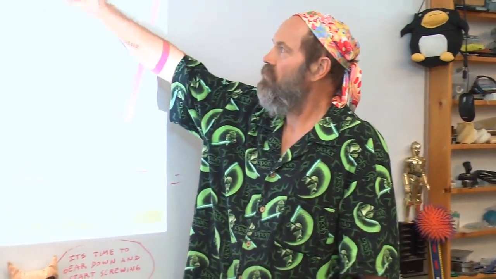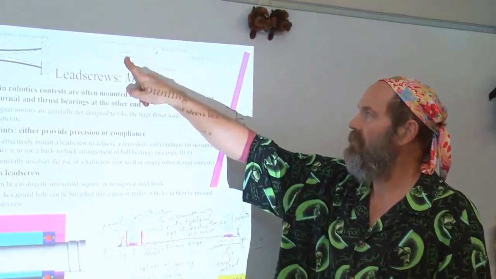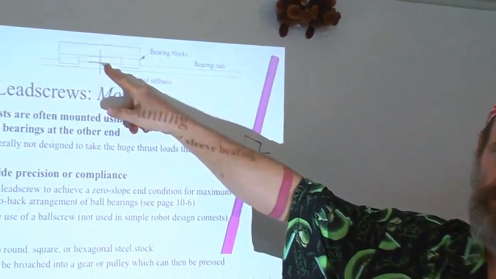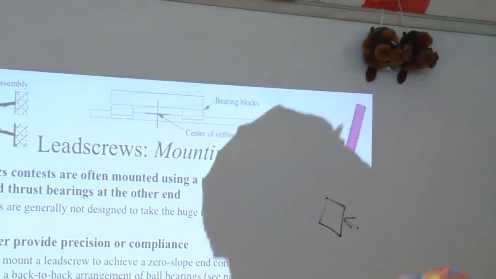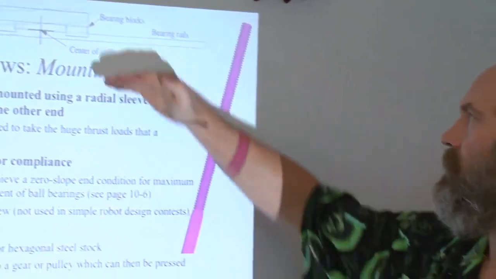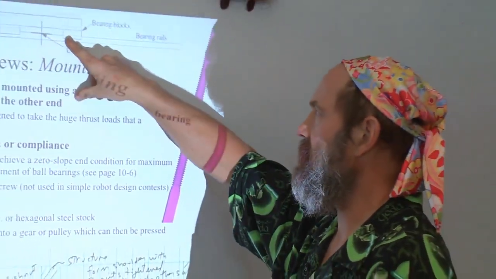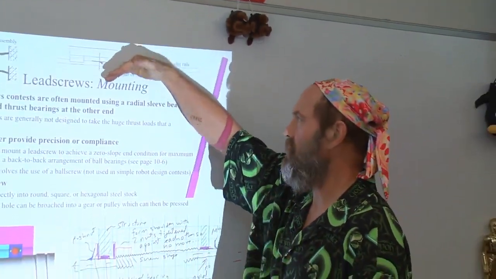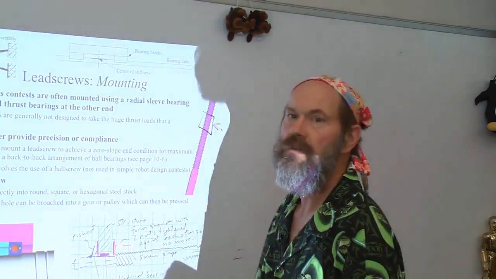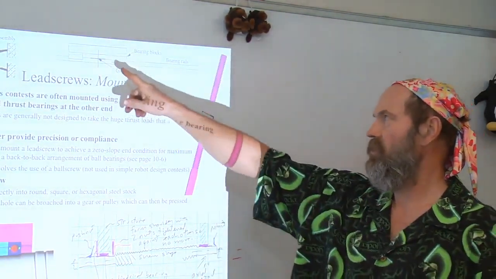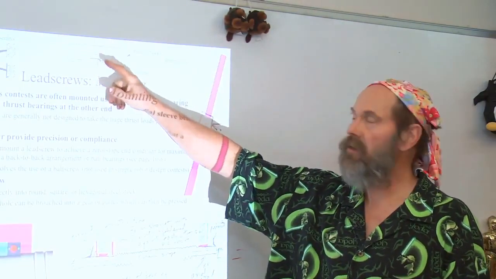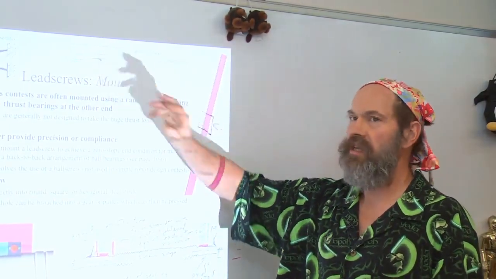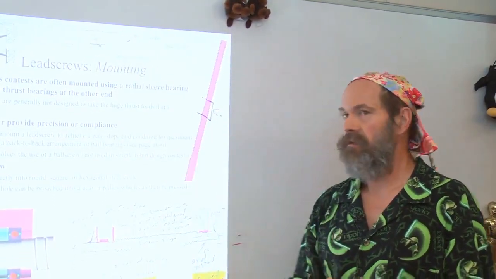And you want to mount the nut in the center of the carriage at the center of stiffness such that the carriage will just go up and down. You don't want the carriage to tilt forward as it moves, which would happen if the nut was mounted off the center of stiffness, because that would cause the whole carriage to tilt. It costs a little more, a bit of a pain to get in there to mount it in the middle, unless you do the design right. But if you really, really care about the highest precision, it'll get mounted in the middle.